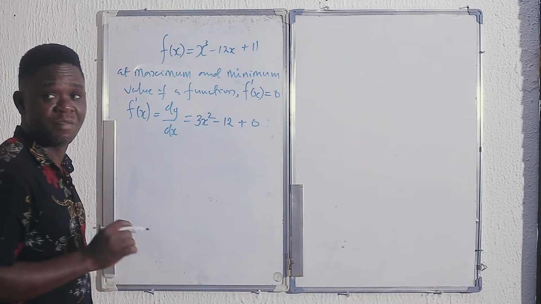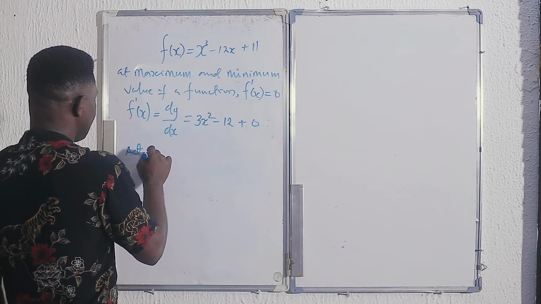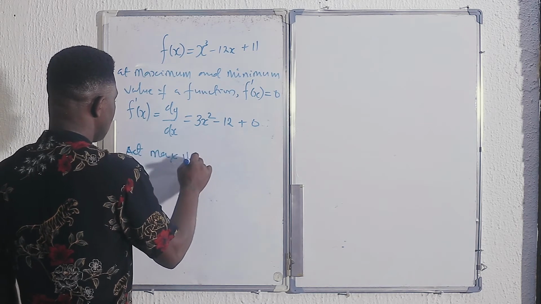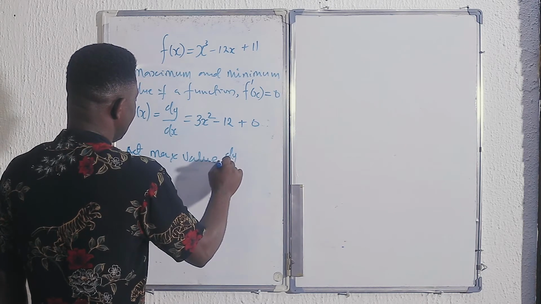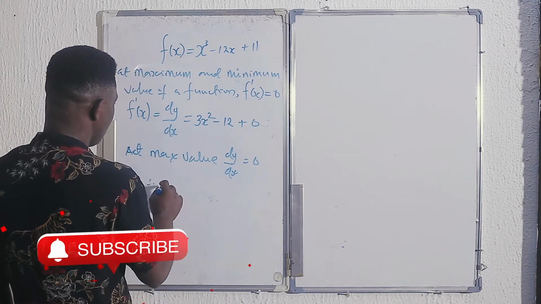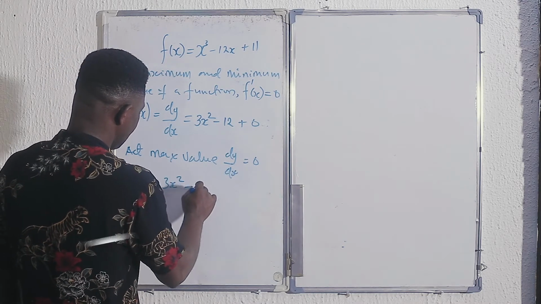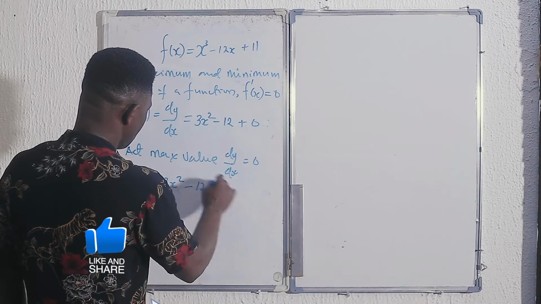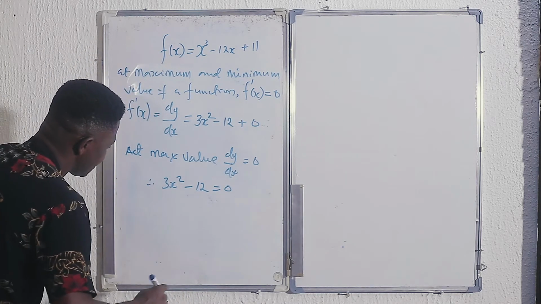Now, at maximum value, dy over dx is equal to 0. Therefore, 3x squared minus 12 is equal to what? 0. We factorize this.